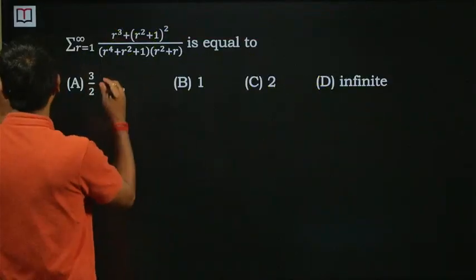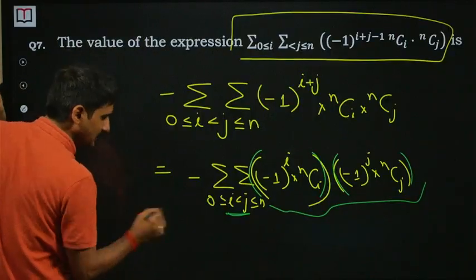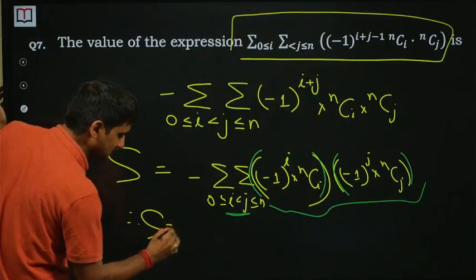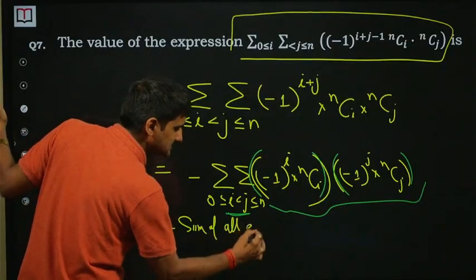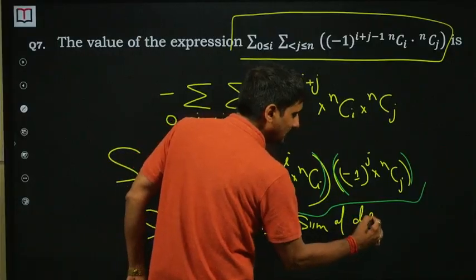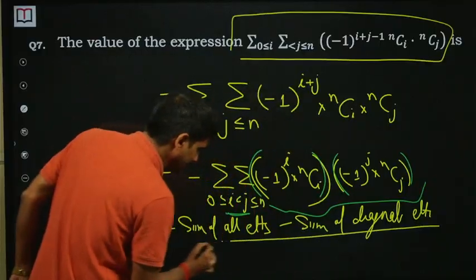Therefore, this series, if I call it S, is equal to the sum of all elements minus the sum of diagonal elements, divided by 2.